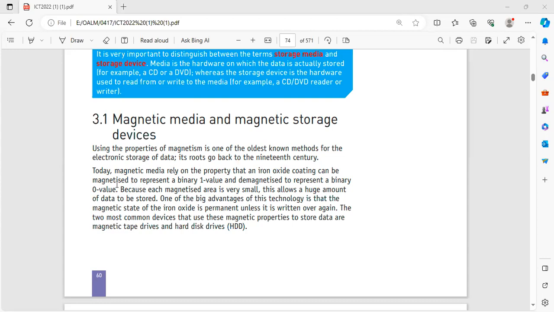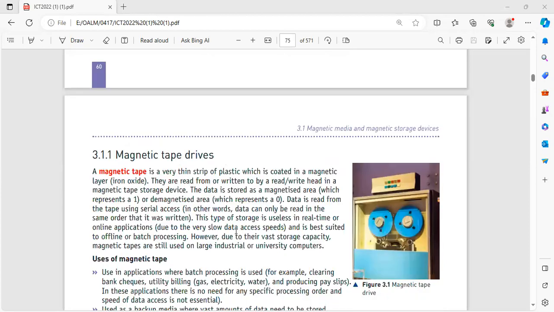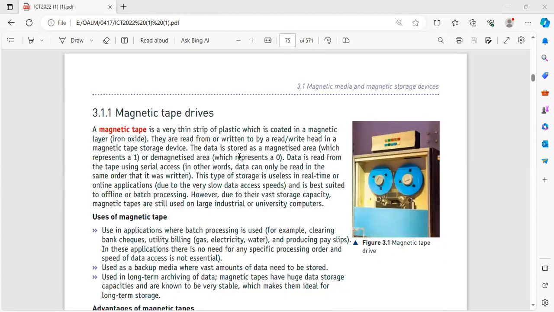Magnetic disks rely on the property that an iron oxide coating can be magnetized to represent a binary one value and demagnetized to represent a binary value 0. Here you can see magnetic tape drives. This is a very old method to store data.